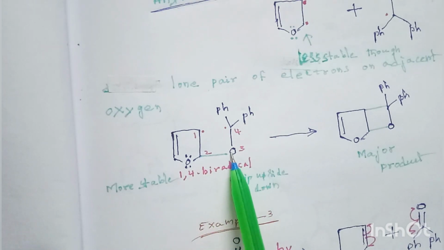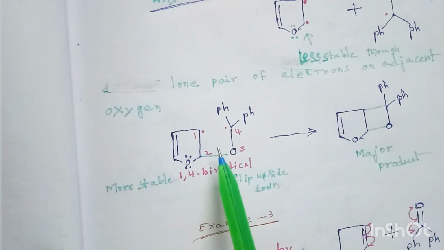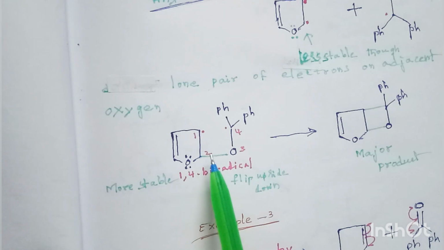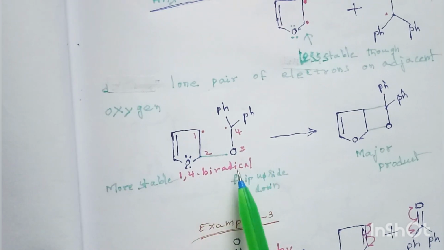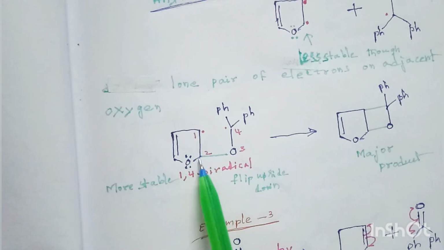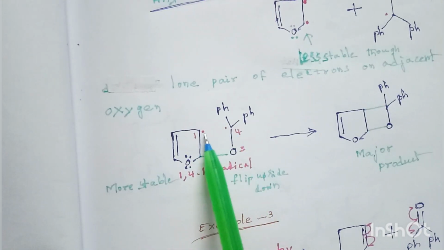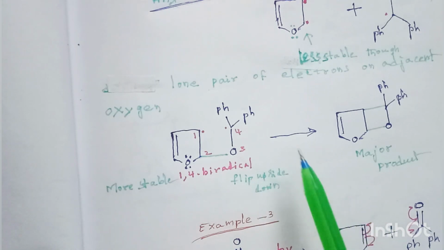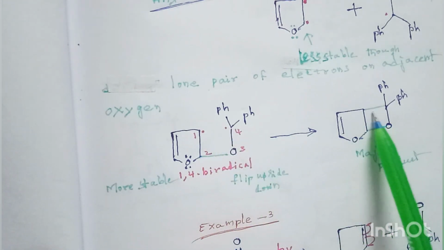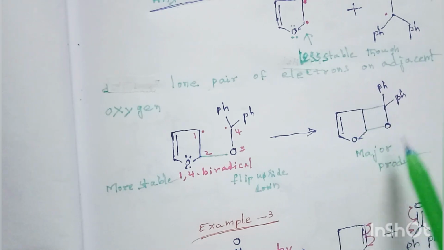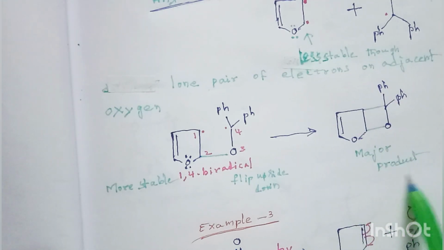These two radicals will join to form a 1,4 biradical, a more stable 1,4 biradical. 1, 2, 3, 4. 1,4 biradical. Then these two radicals will join together to form a bond here. This is the major product. Let's see example 3.